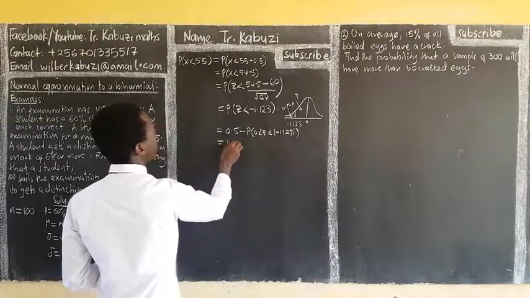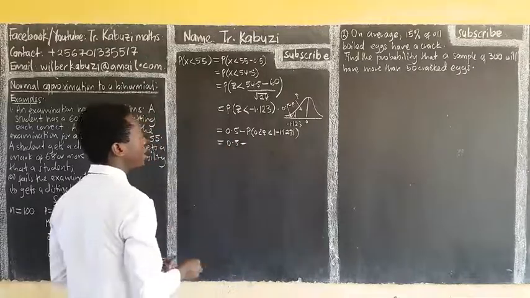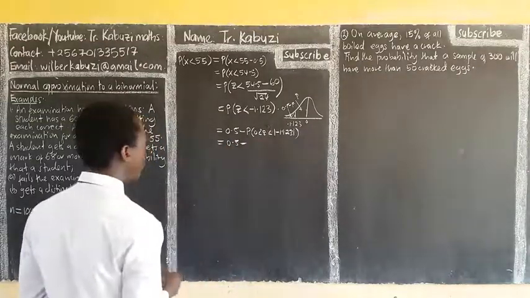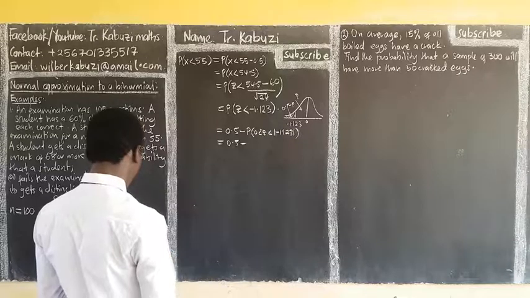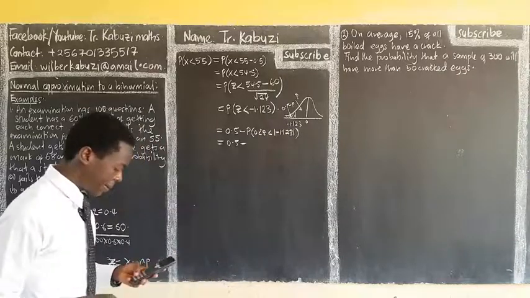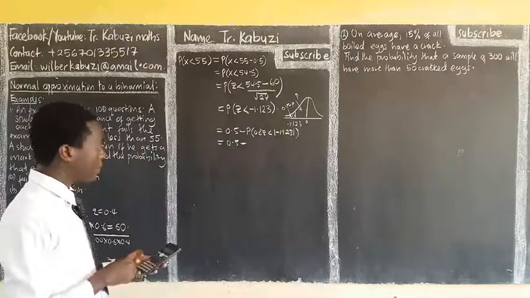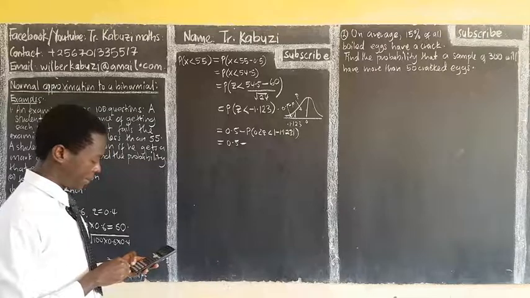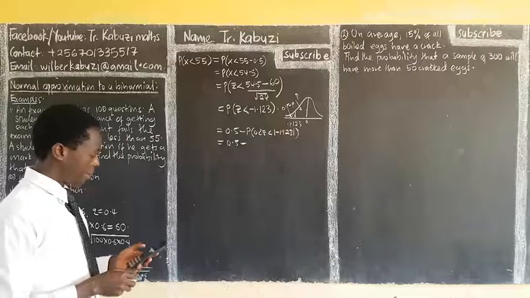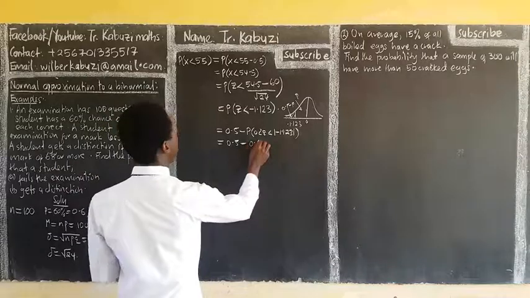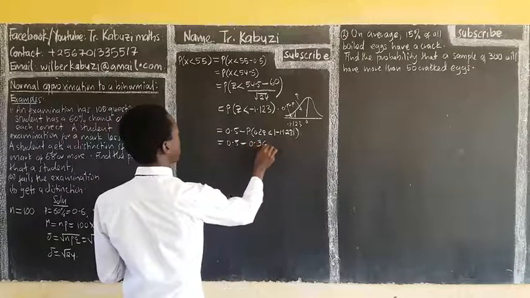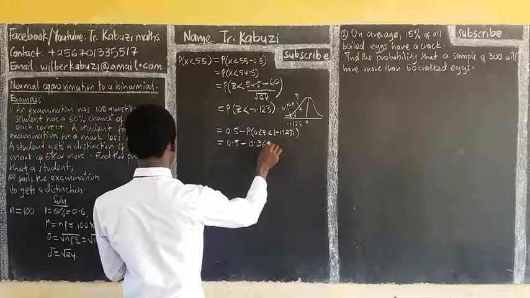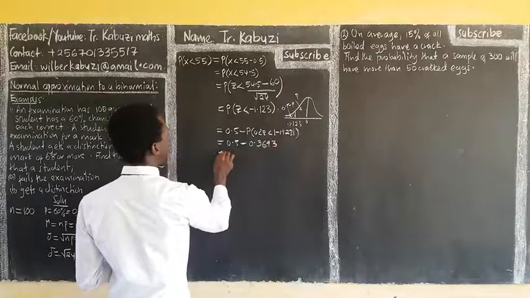This will be 0.5 minus, now we press the positive of that on the calculator, or as I told you, read the tables. After reading the tables, the value you will get is 0.3693. And you subtract.